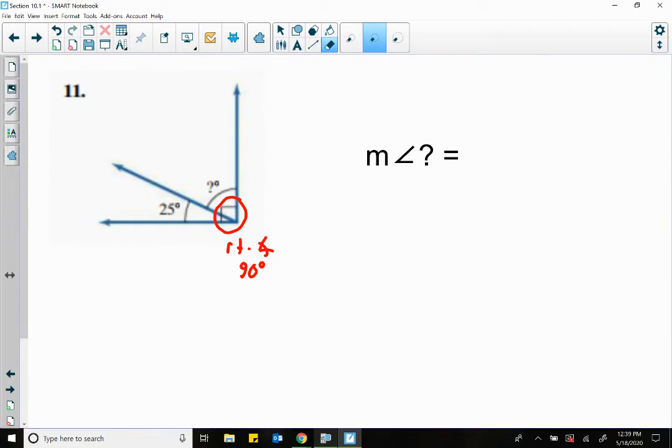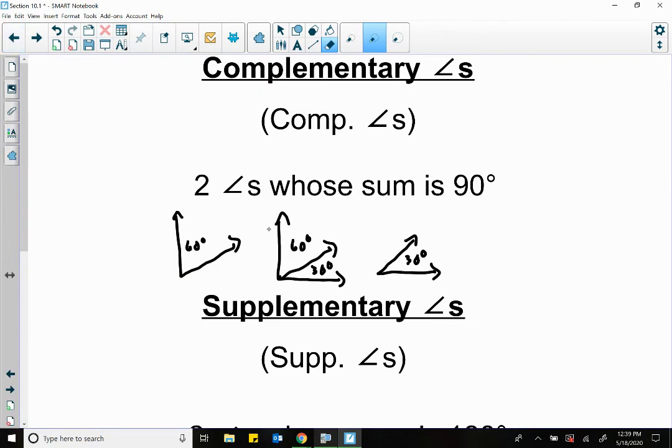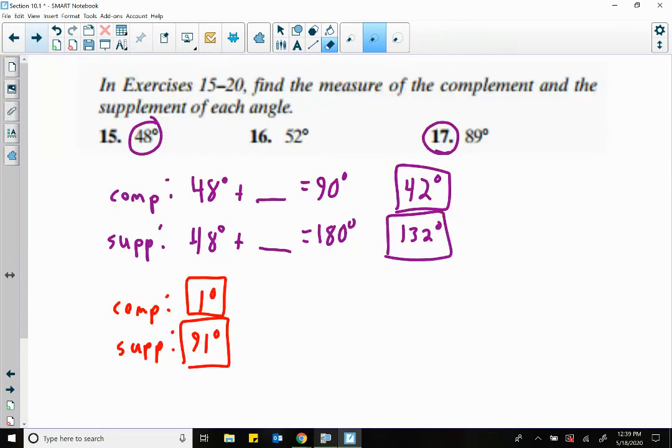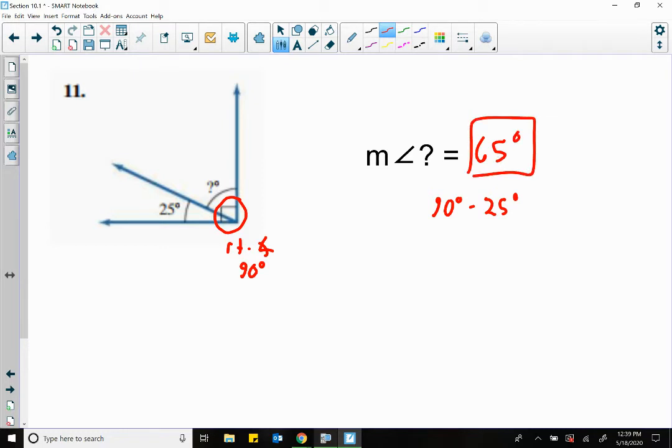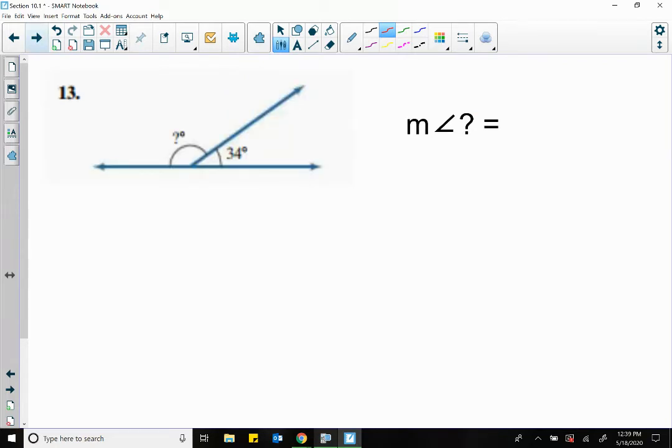That's all this was. This was a complementary picture. This is those two angles that are adjacent that I showed you back here, right there. Okay? So they just want you to figure out what is the missing angle. So all you have to do is take 90 minus 25. 90 degrees minus 25 degrees, and you get 65 degrees. That's all they want. Don't forget your labels. These are in degrees. All right? Try this one.